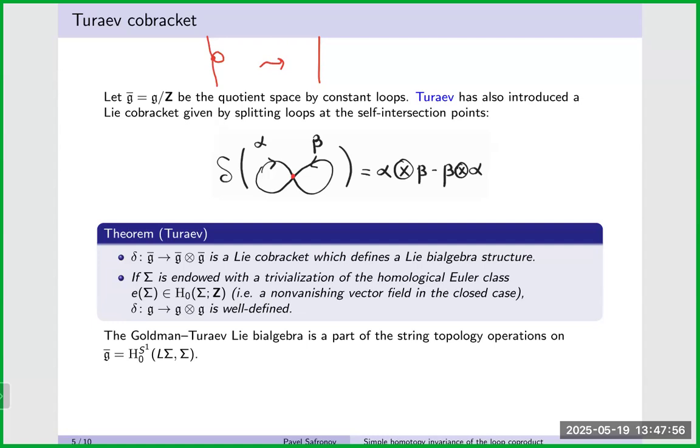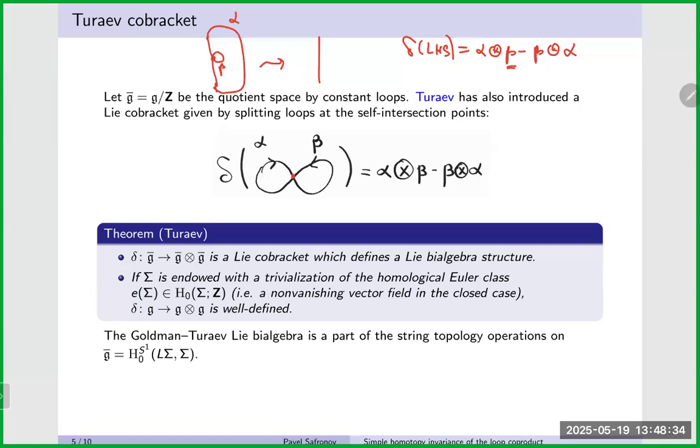So how does the constant loop arise on the left? There's a self-intersection point. Let's imagine that this is closed. This is alpha and this is beta. So according to this rule, you would pick up alpha tensor beta minus beta tensor alpha. And on the right, maybe there are more intersection points somewhere, but you don't have that contribution of beta.